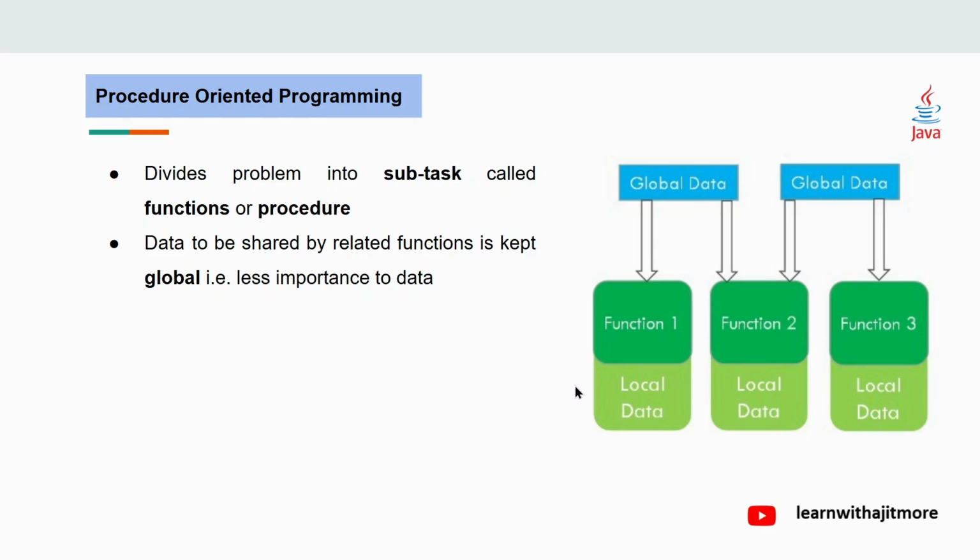Now you'll say, what do you mean by calling? You're requesting it to get executed. And if these functions need some own data, they'll keep it local. And if they want to share it, there is only one option, global. And as I said, real world mapping is poor. You can do it, but again, not with that ease.